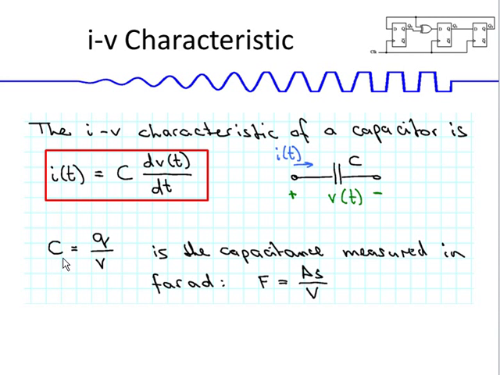The capacitance is also equal to Q over V, which is charge over voltage, and it is measured in farad. The dimensions of farad are amp seconds over volt if it's expressed in terms of this quotient of charge divided by voltage.